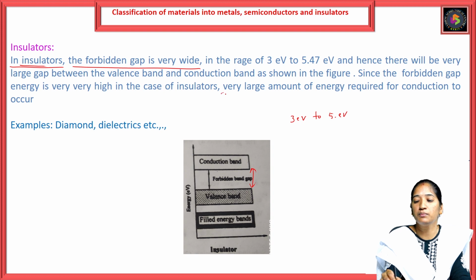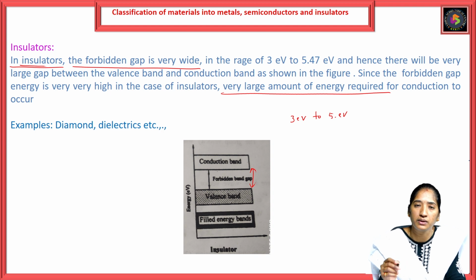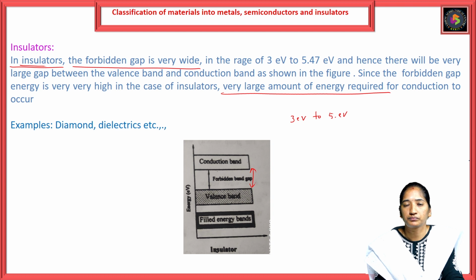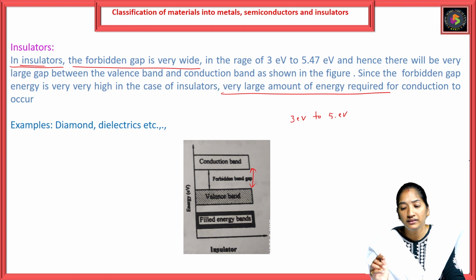So in this insulator, the forbidden band gap between the conduction band and the valency band is very high, about 3 electron volts to 5 electron volts.